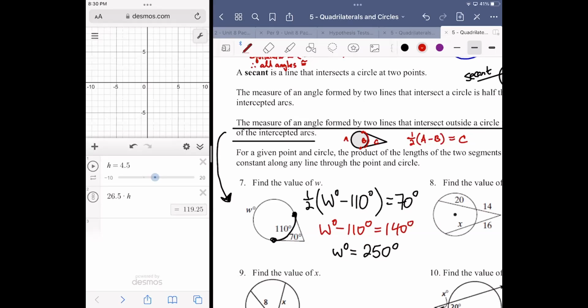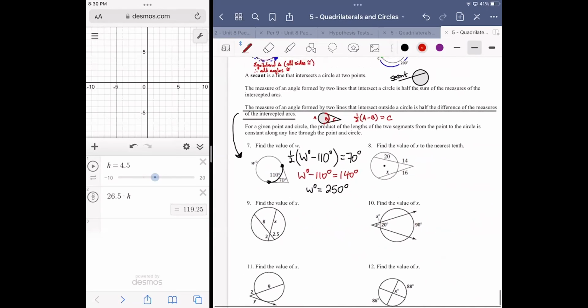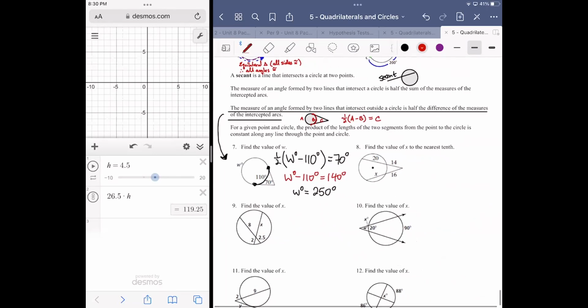So number 10 is like that also. Oh, actually, I'm sorry. Number 10 is the first one. Going cross-eyed there for a second. So for that one, I'll come back to 8 and 9 in a second because those have line segments involved in them. So, yeah, for this one, the measure of an angle formed by two lines that intersect a circle is half the sum of the measures of the intercepted arcs.